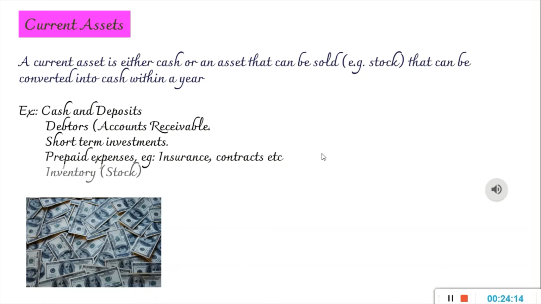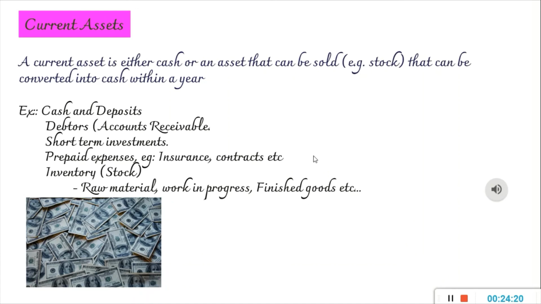Inventory means stock, that may be raw material, work in progress items, and finished goods. These are all stocks, which are our current assets. We keep these for a period of 1 year, not more than that. The finished goods also we have to sell out within a year, right? So that is why these are all current assets.